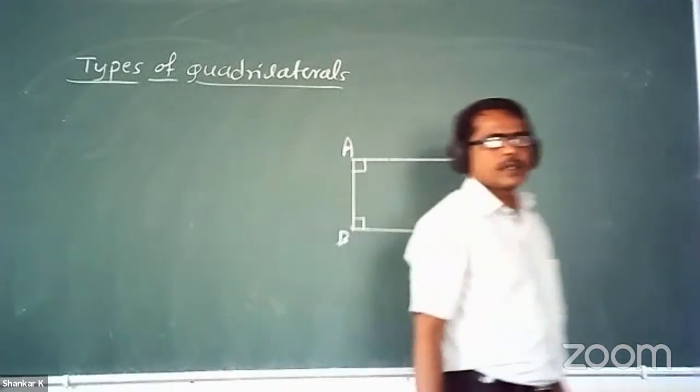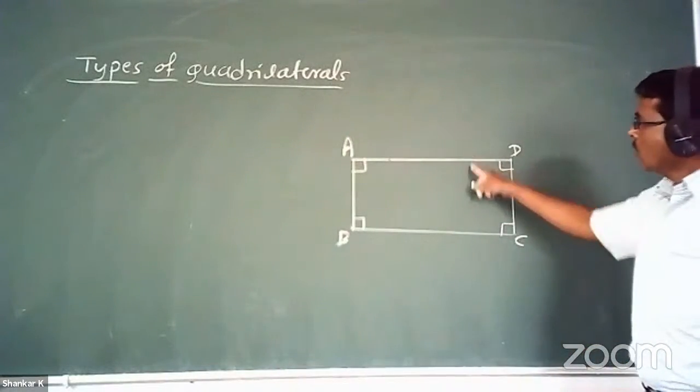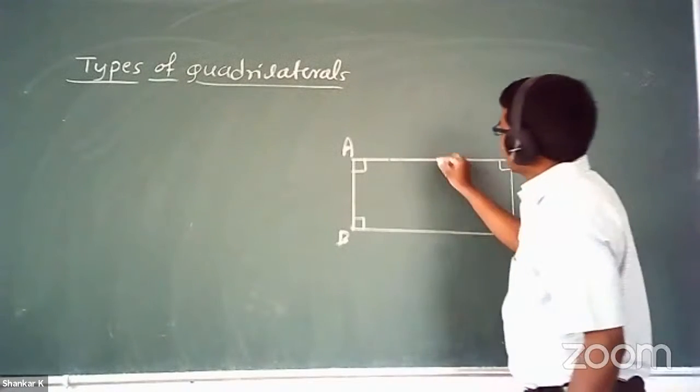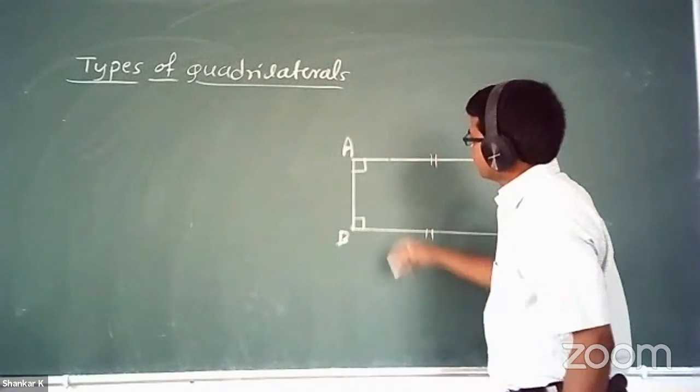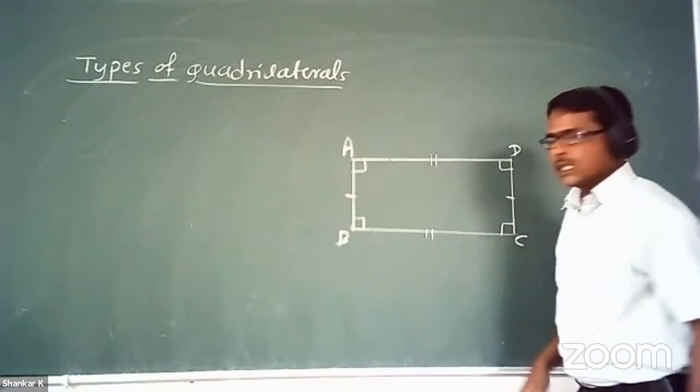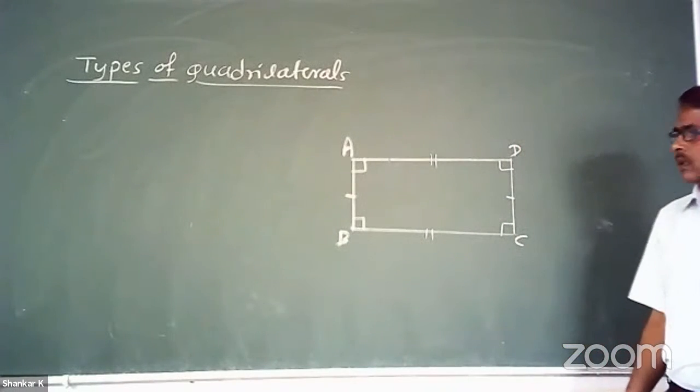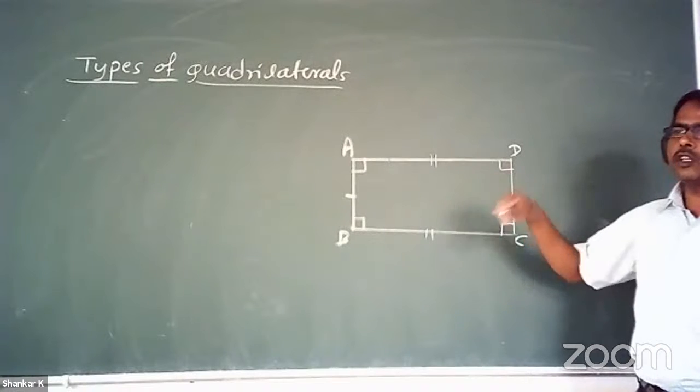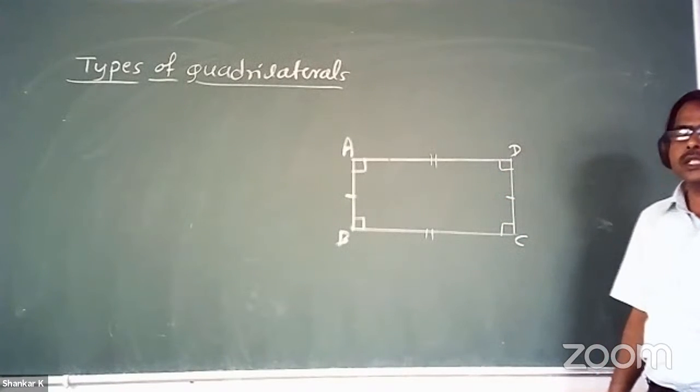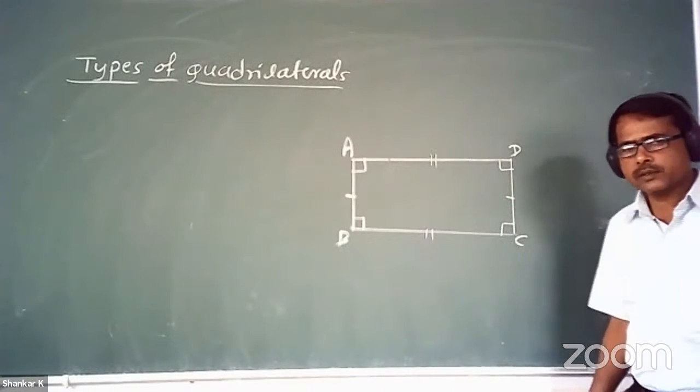Then opposite sides are equal in length. A rectangle is a quadrilateral in which opposite sides are equal and all angles are right angles.